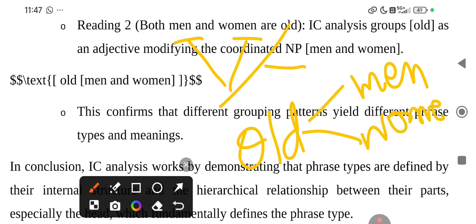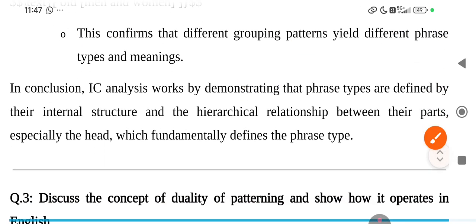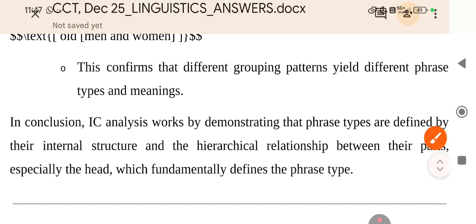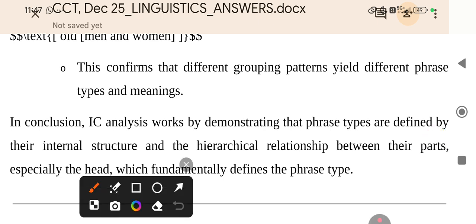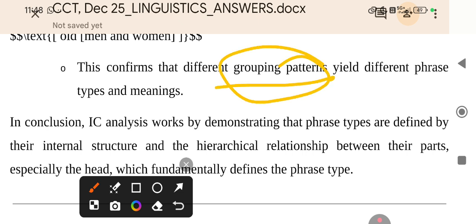So that clarity, old, men and women. This confirms that different grouping patterns yield different phrase types. Means different grouping patterns yield different phrase types and meanings. So the important thing is that grouping pattern, right? That is different and that divides different phrases.